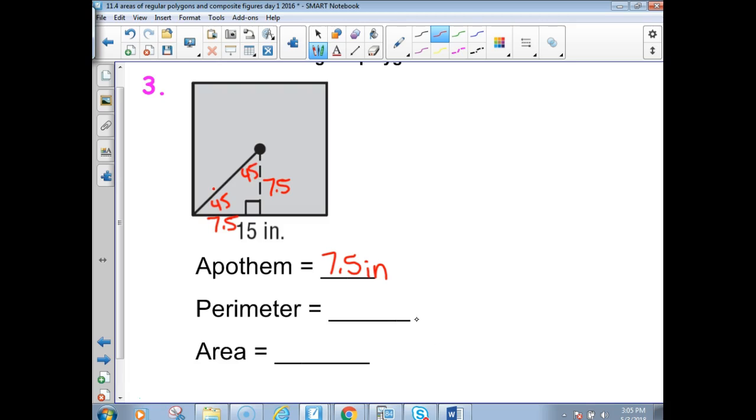I was looking for something else, but I'll tell you in a minute. First, let's do the formula. You got 4 sides of 15. So what's 4 times 15? Should get 60, right? Okay, now, let's do the area. Apothem, 7.5 times 60 divided by 2. Find that, please.